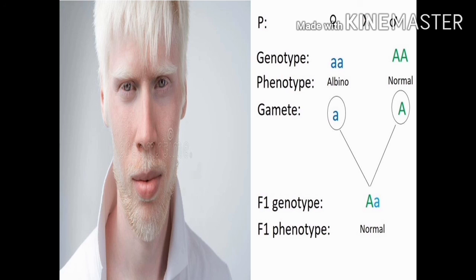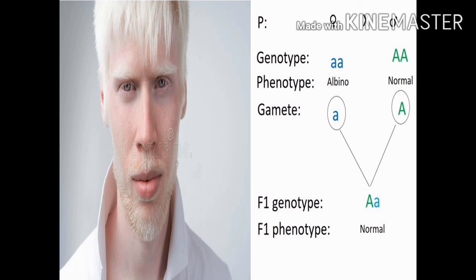In this example, you see that allele capital A dominates over small a because it is the pigment producing allele, and the effect of small a is suppressed by capital A.